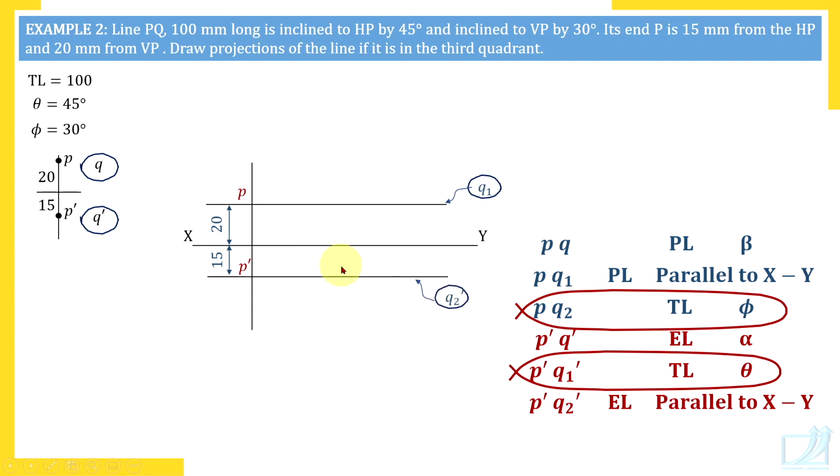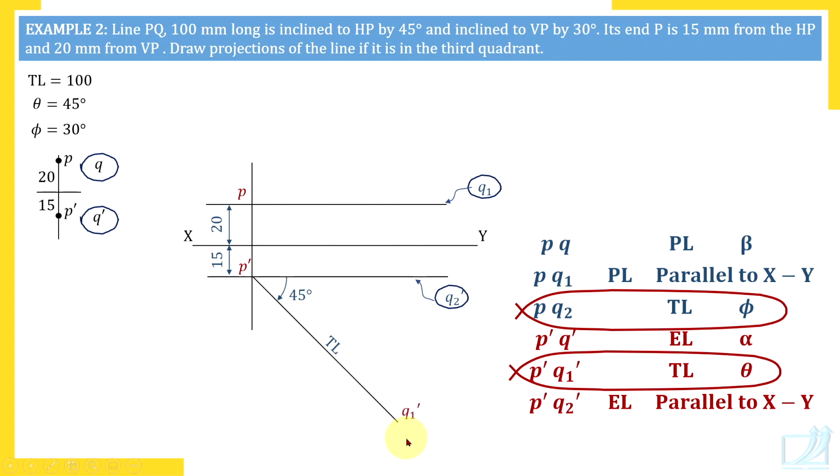Okay, now through point P dash, I am going to draw P dash Q1 dash because I know true length and I know theta. What is theta? 45 degrees. So I measured 45 degrees. So this is true length. Don't make this line dark. You know that only PQ and P dash Q dash, these 2 lines you are going to draw dark.